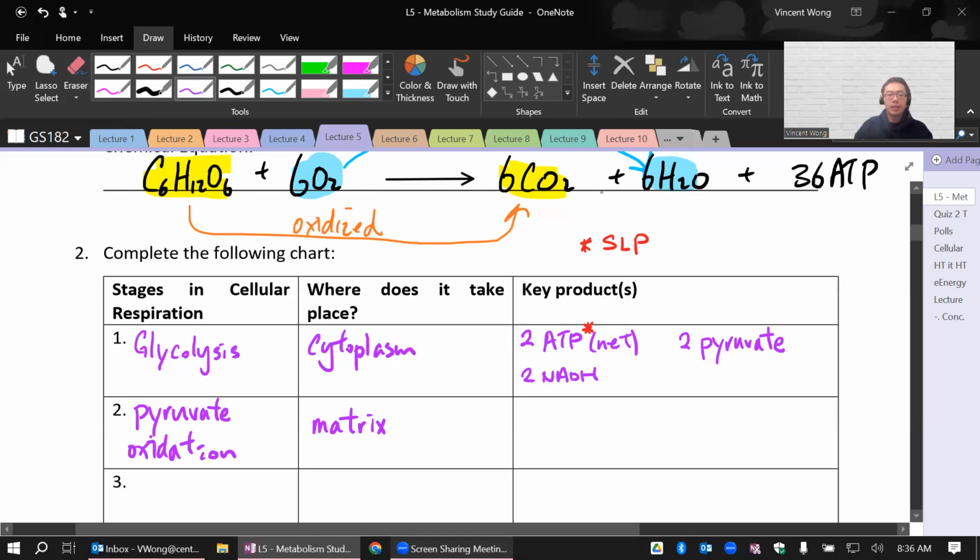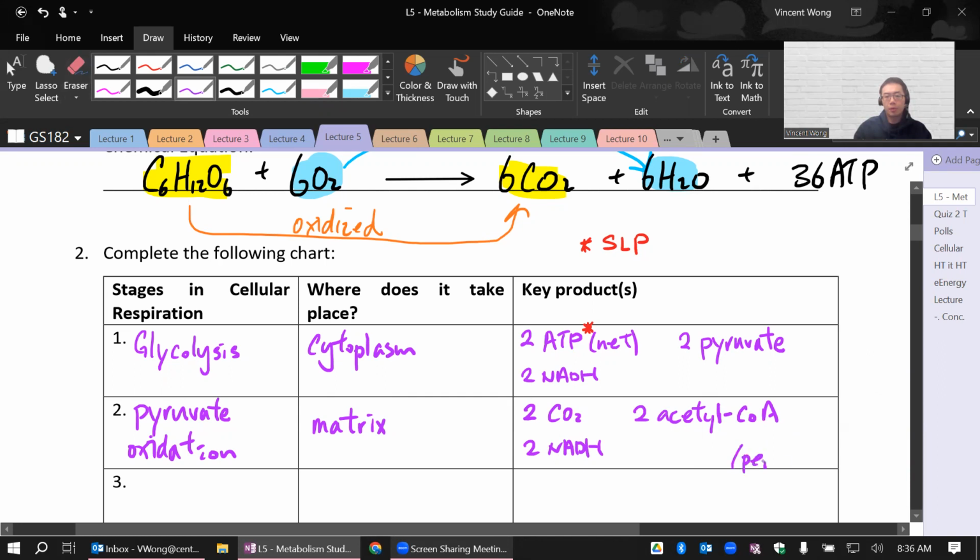The key products of pyruvate oxidation include 2 carbon dioxide, 2 NADH, and 2 acetyl CoA. Right?